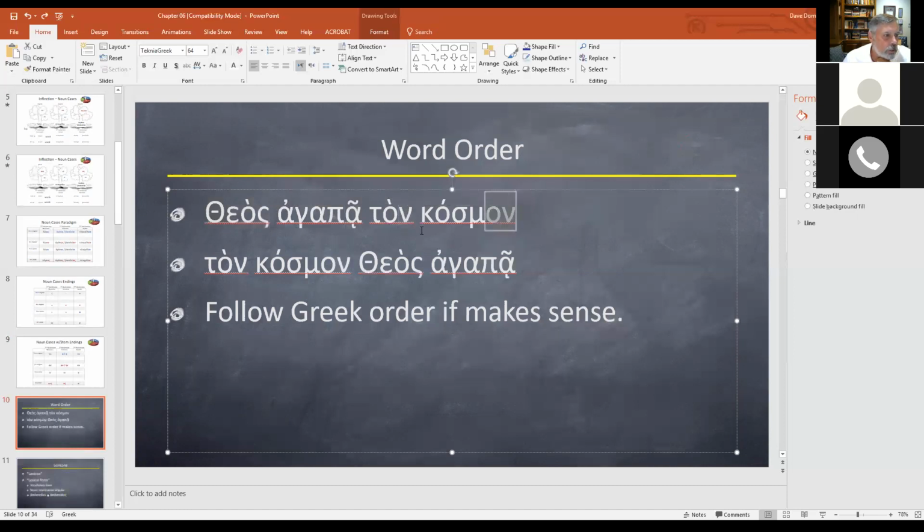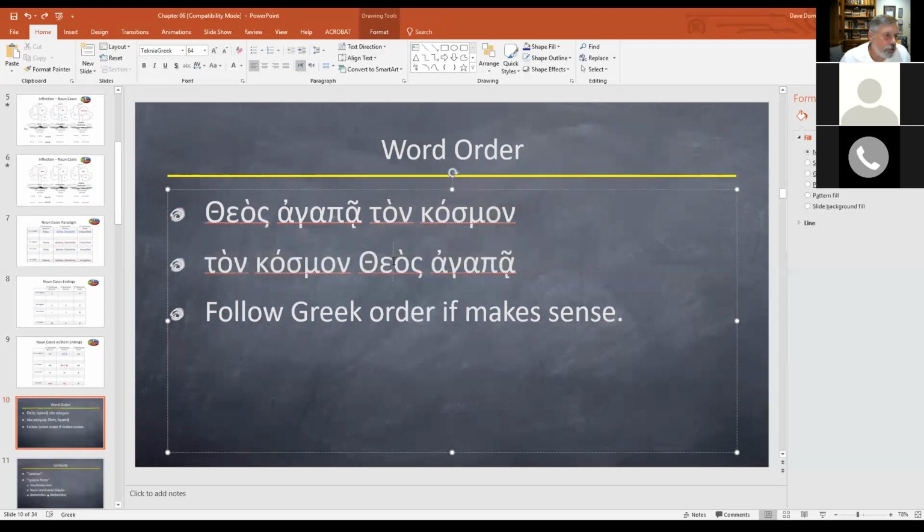This is the word for the, and this is the word for world or earth or universe. And so with cosmon, this is God, this is actually the verb, loves the world. And so you know what? This is God loves the world too. It's the exact same thing, despite the order it's written in.